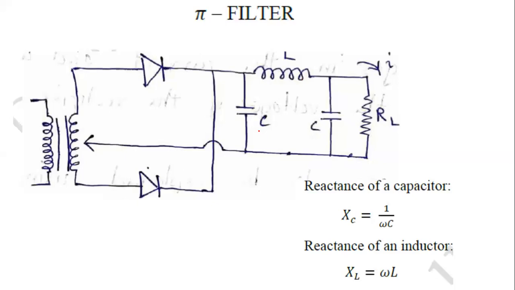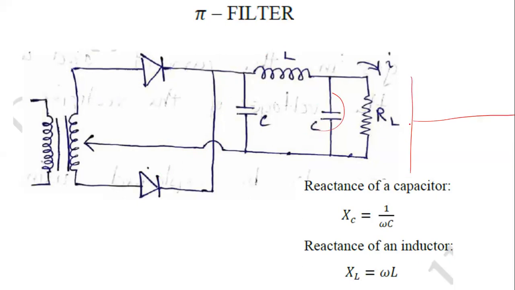Here this capacitor will help in filtering out a certain amount of AC component, and the residual AC component which passes through will be filtered by this L filter again. And then if there is any residual ripple component, another capacitor which is connected here will filter it out.